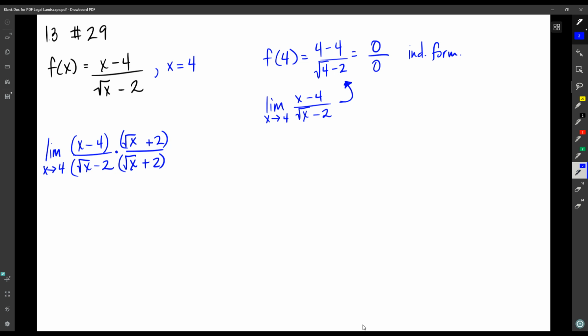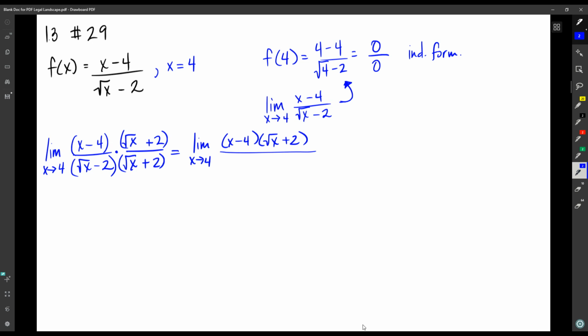You're multiplying by 1, but we're going to really exploit the idea that multiplying a radical expression by its conjugate eliminates the radical. So what happens now is we have a limit as x approaches 4 still of an (x minus 4) times (the square root of x plus 2) in the numerator.